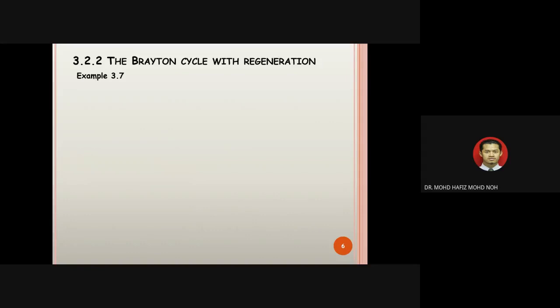So we start the answer with the TS diagram. Here is the temperature curve, 1, 2, 3, 4.